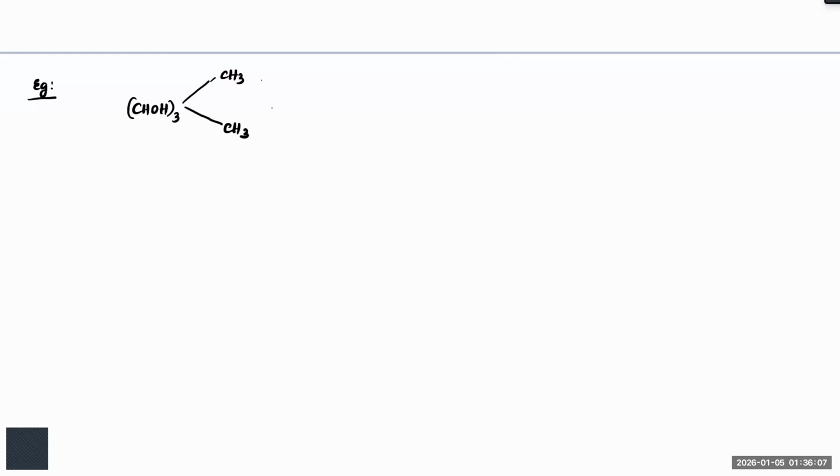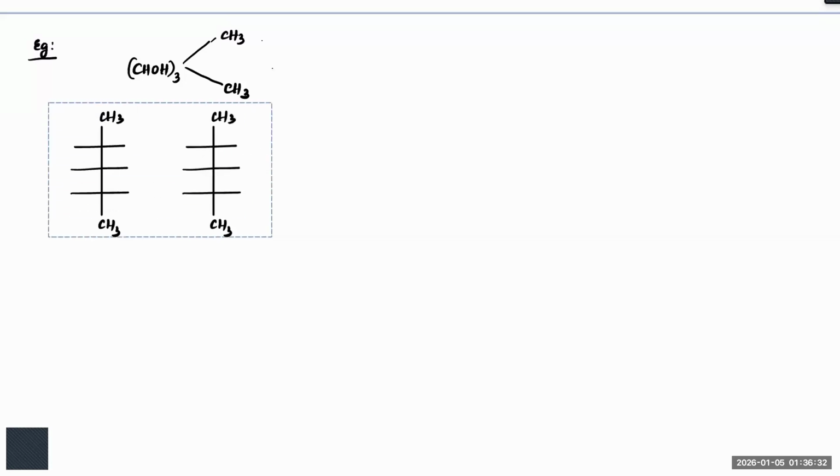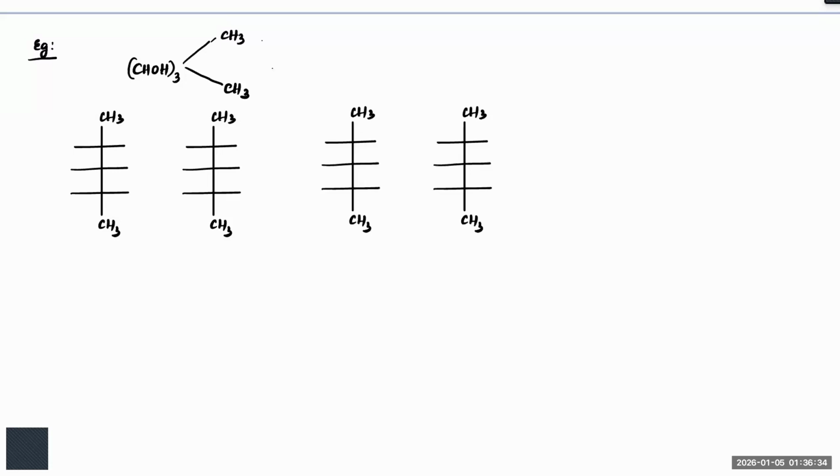So now let's see what this means. We have three chiral centers like this, which is CH3, CH3. So I need to have OH groups on it, correct? So let me put this skeleton multiple number of times, so that we can write all of them more easily.